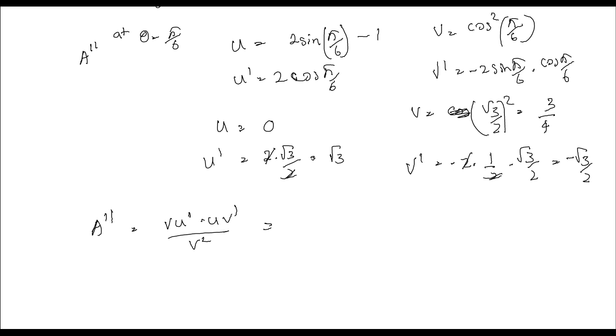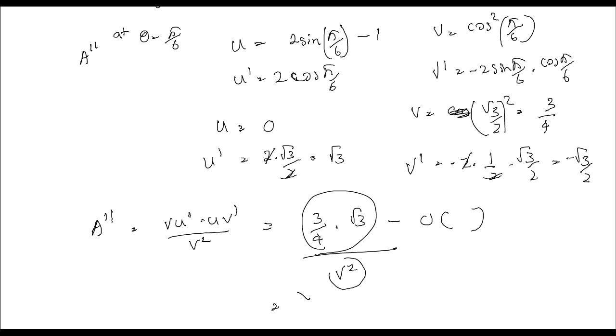So we have v as 3 over 4, u dash root 3, minus u, which is 0, times something, doesn't matter because it's 0, and then you have v squared. That means this is a positive number, this is a positive number, so you have a positive number for a double dash, which is greater than 0.